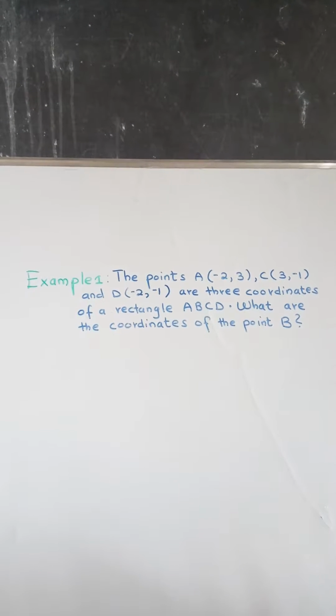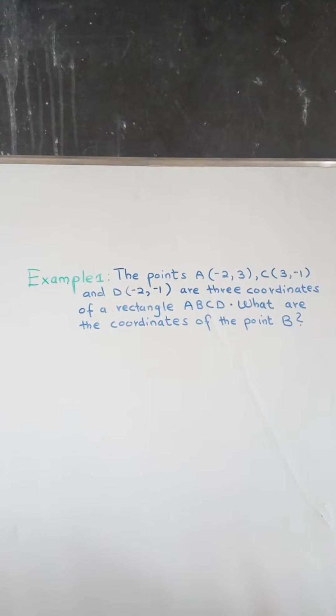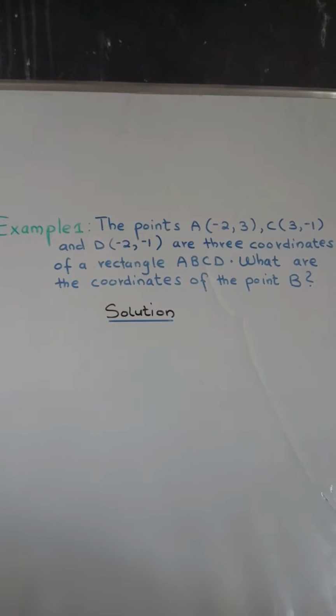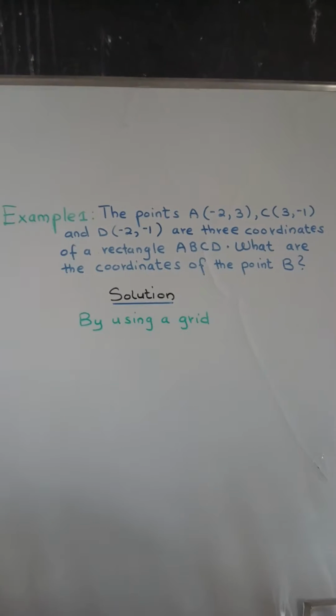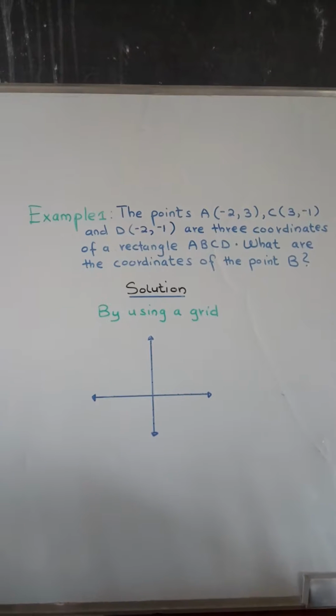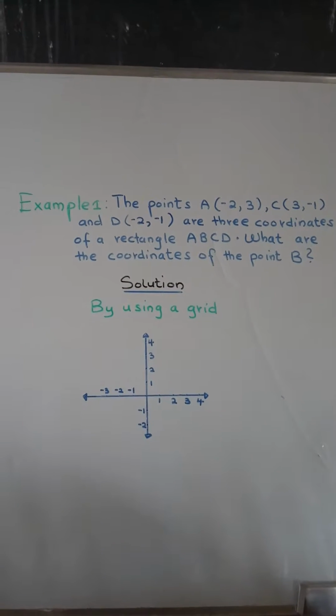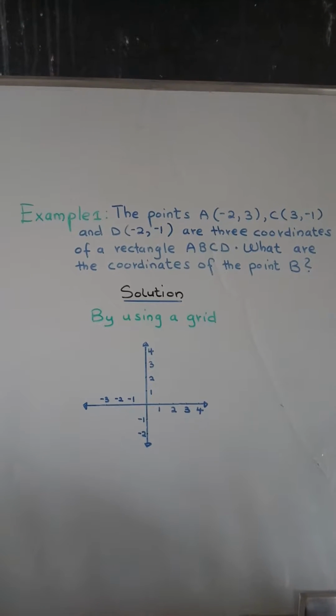What are the coordinates of the point B? Solution. By using a grid, we have to plot the points on the grid.